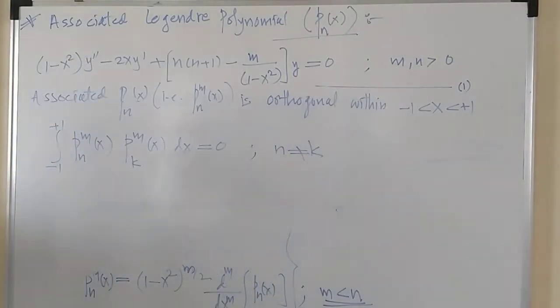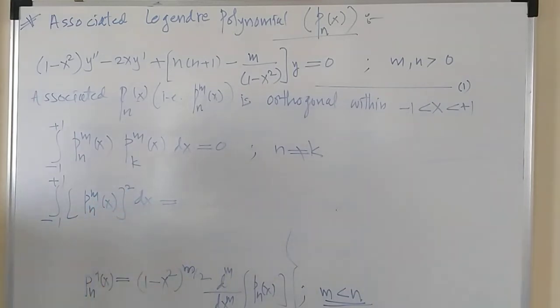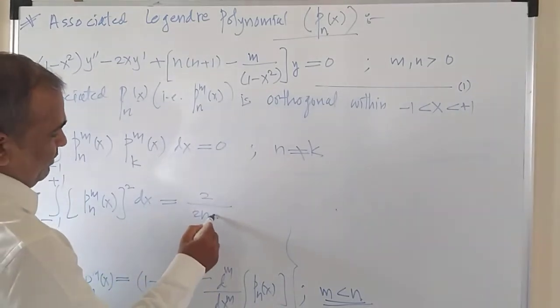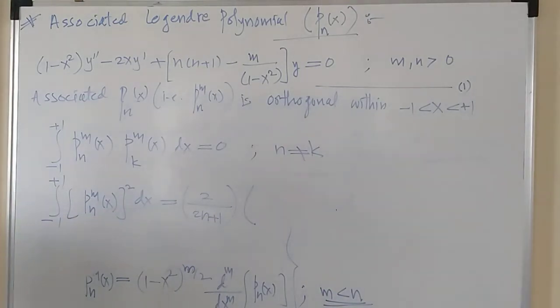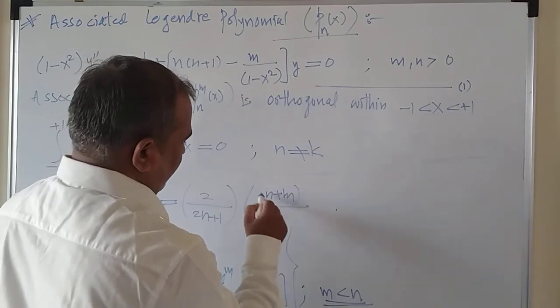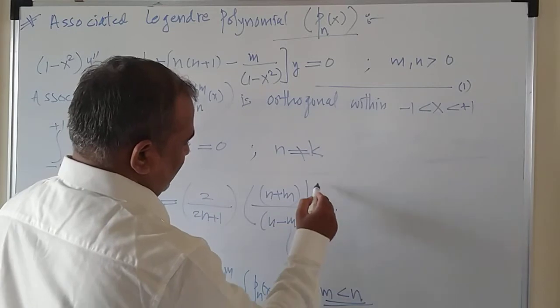And the second orthogonality property: the integral from -1 to +1 of Pn m of x square dx equals 2 divided by (2n plus 1), and one more additional term in the associated Legendre polynomial, (n plus m) factorial divided by (n minus m) factorial.